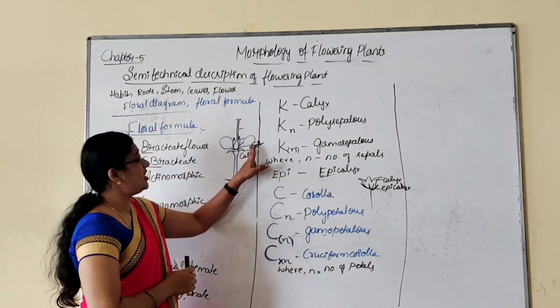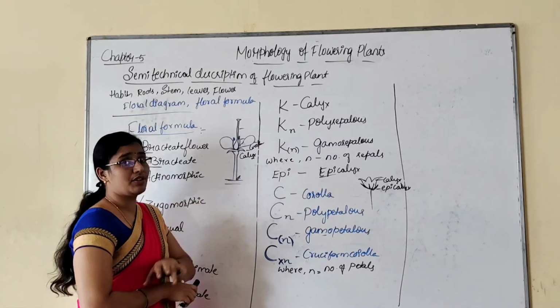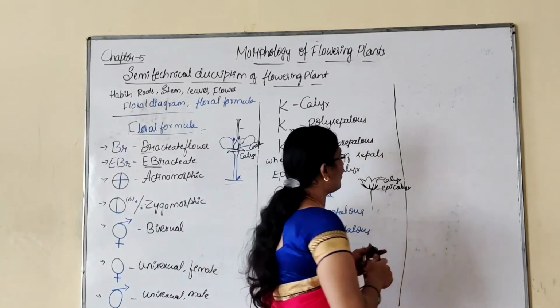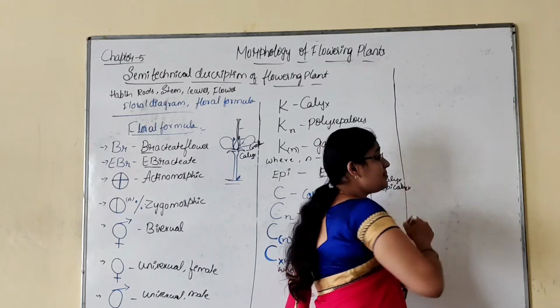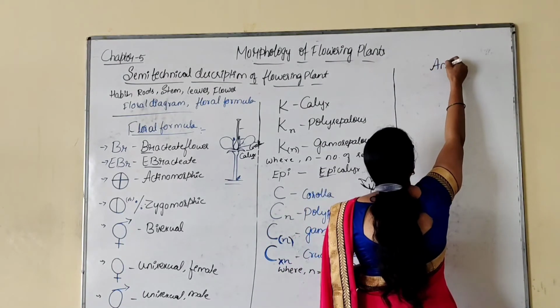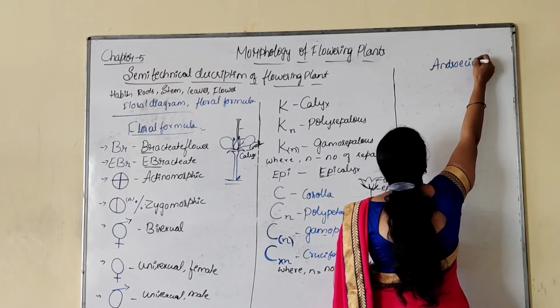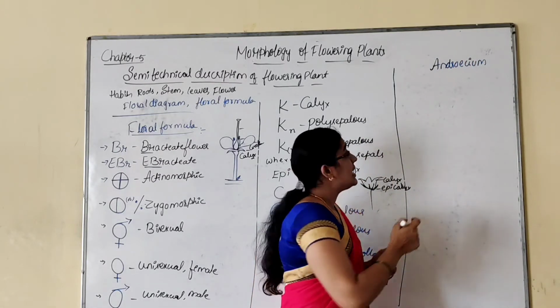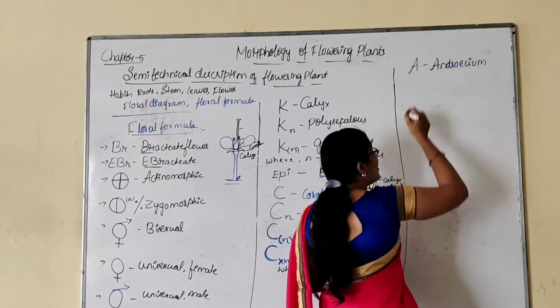So after calyx and corolla, we move on to the androecium, that is the male whorl of the flower. What symbol can we give for androecium? Androecium is the male reproductive structure of the flower. A is the symbol for androecium.